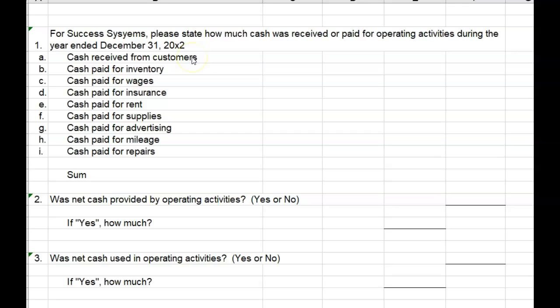How much cash was received from customers, and how much cash was paid for inventory, wages, insurance, rent, supplies, advertising, mileage, and repairs. Those categories of expenses were taken directly from the income statement for Success Systems.